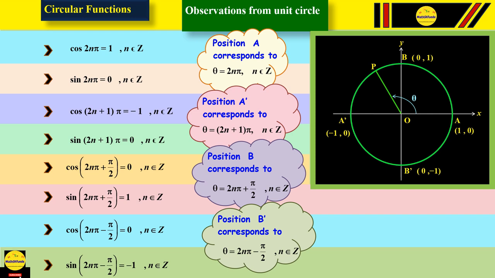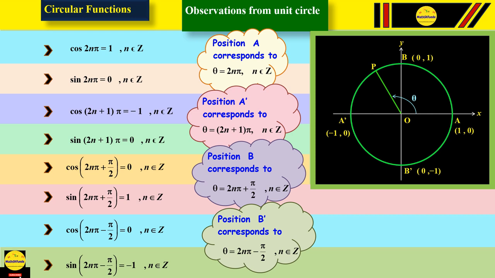Now remember one thing. If you have this unit circle figure in front of your eyes, all these results make sense to you, and then it looks very simple also. All of them look very simple when you have understood positions A dash, B dash. Then these results would come automatically to your mind. Without any effort, you would be able to write.